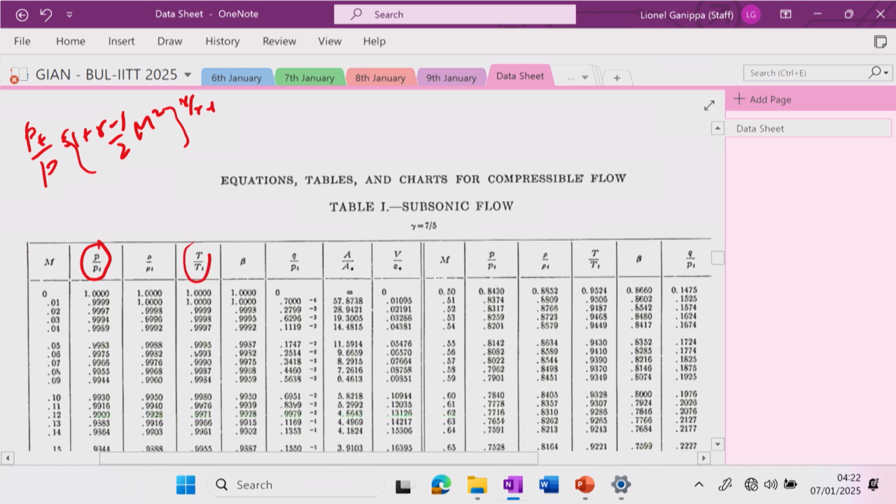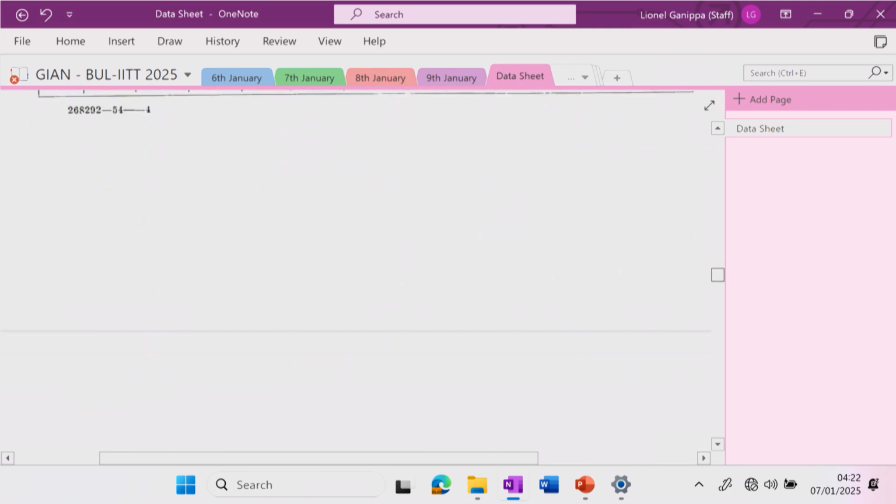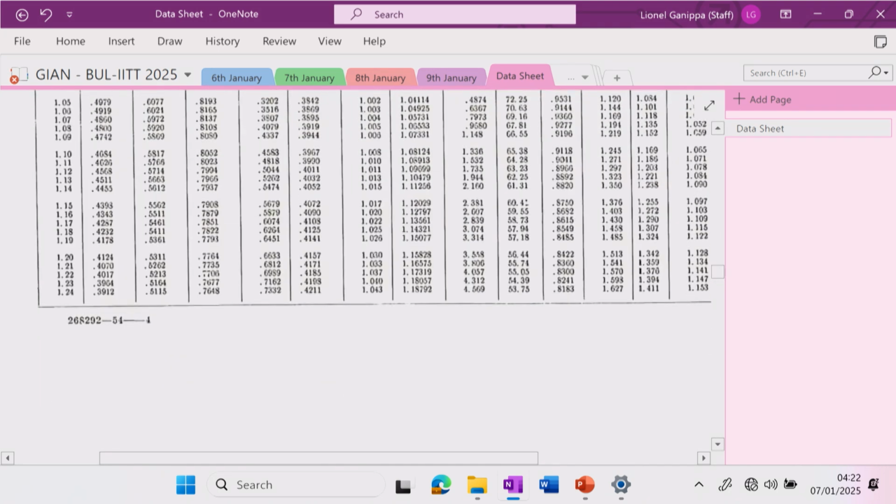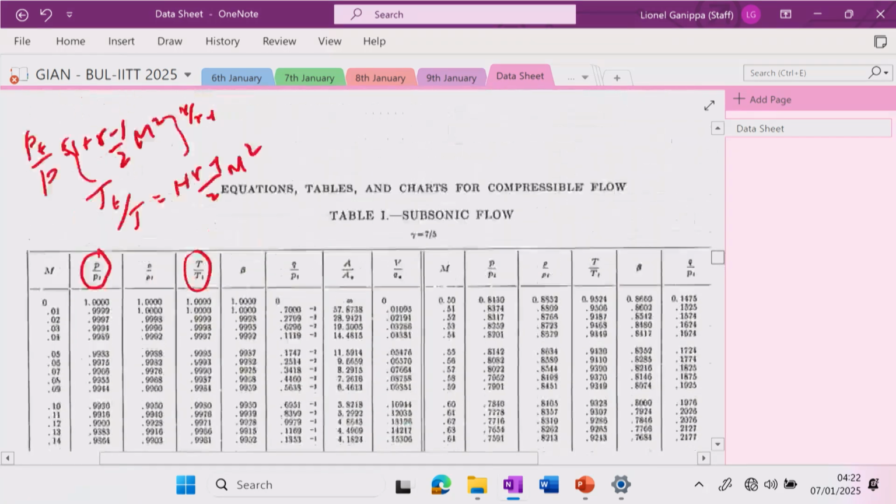Again, T by Tt, written in inverse form, is equal to 1 plus (gamma minus 1) by 2 M squared. All of these parameters are tabulated for a given Mach number. No shocks are formed until M equal to 1, which is a critical, hypothetical condition.